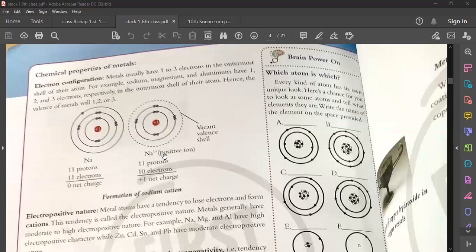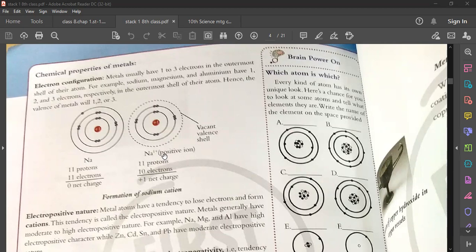That's why they are electropositive in nature. Most metals have only 1, 2, or 3 electrons in the outermost shell, or you can call it the valence shell, so they will lose these 1, 2, or 3 electrons to get the octet configuration. Clear?